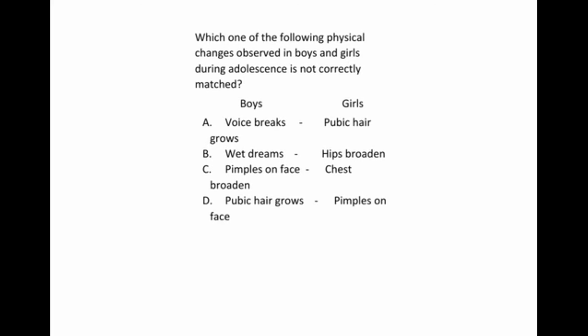So here we start with the physical changes that occur to boys alone, and some of them include 1, the voice breaks. It breaks because of the enlargement of the Adam's apple.